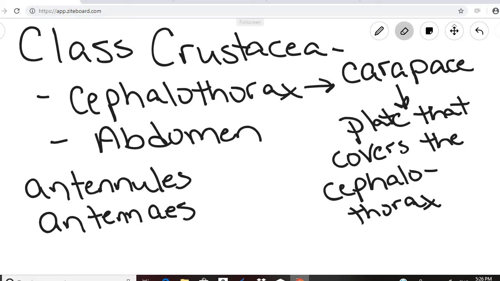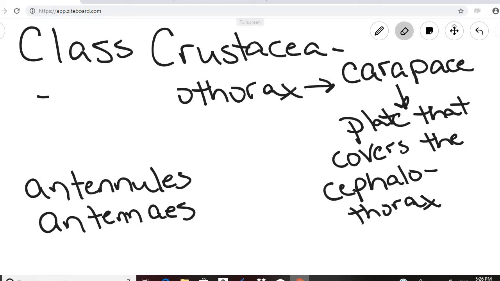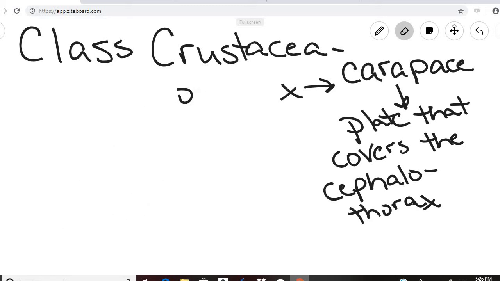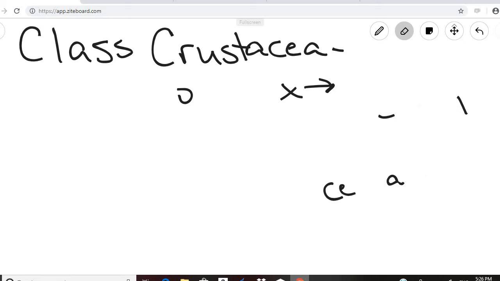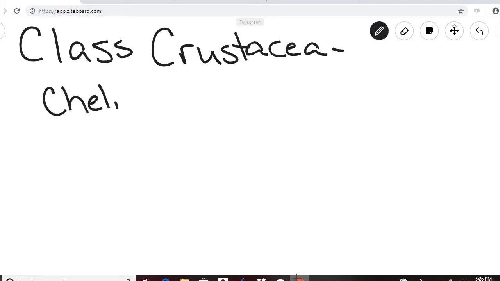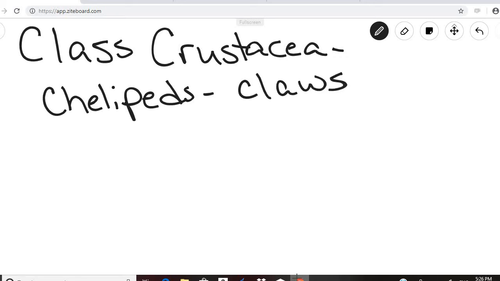Okay, then besides the antennae, the crayfish has some other appendages, and these would all be jointed appendages. So first of all, they have chelipeds, and these are the claws of the crayfish or the lobster. They are used for defense.